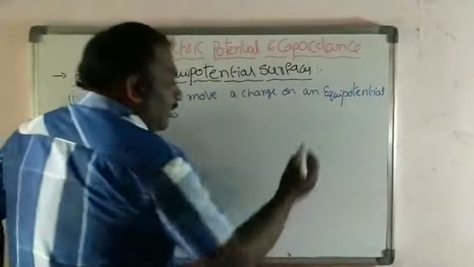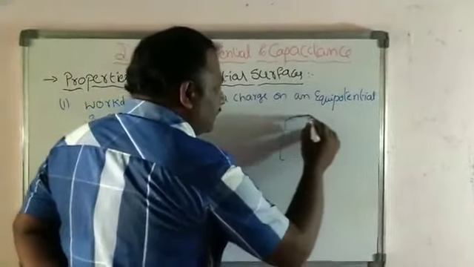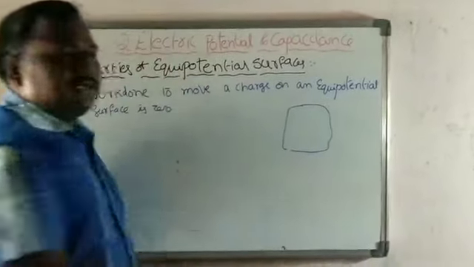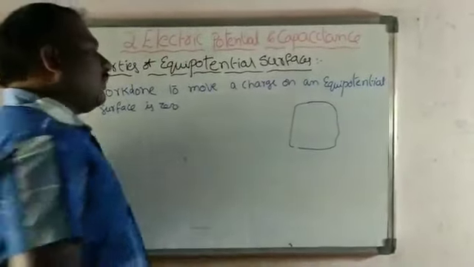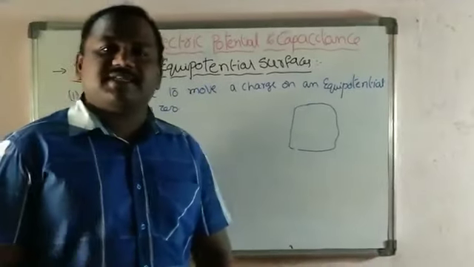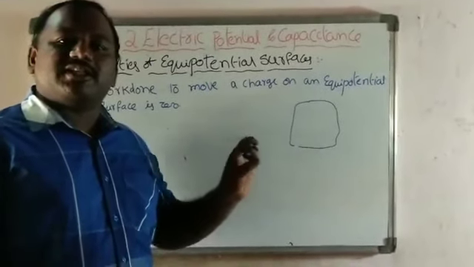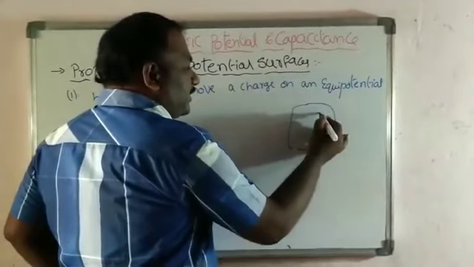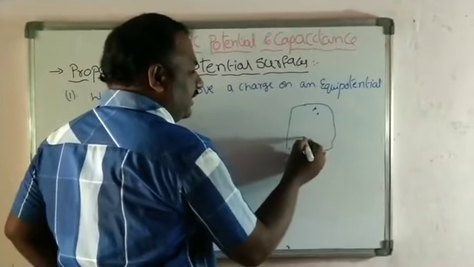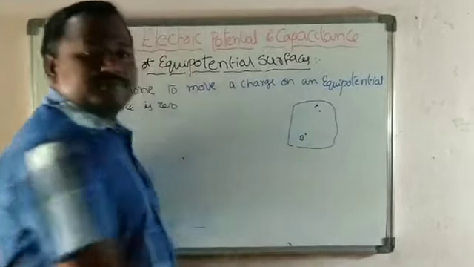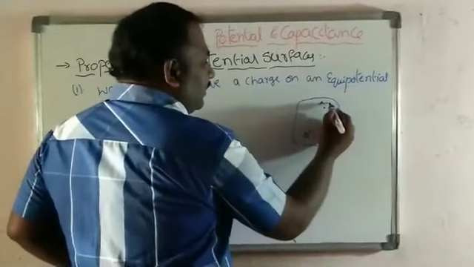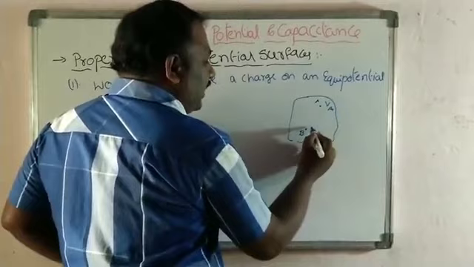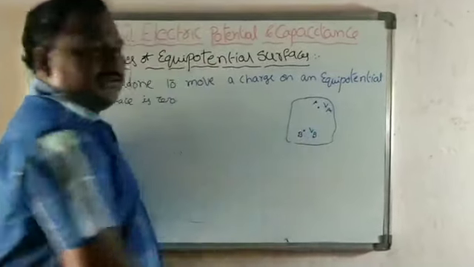See here, for example, I consider an equipotential surface. What is the meaning of equipotential surface? At any point on the surface, the potential is the same. Here I take 2 points. This is point A and here it is point B. Here the potential is VA, and here the potential is VB.